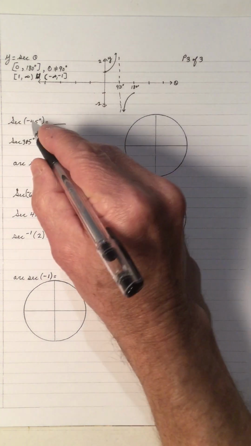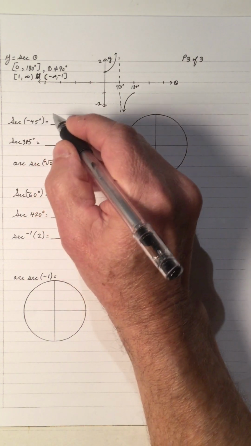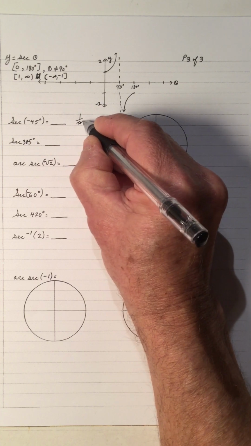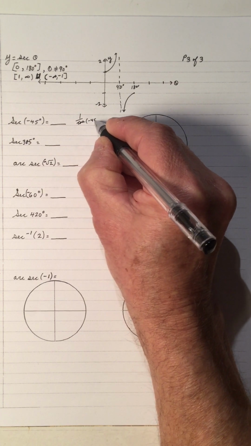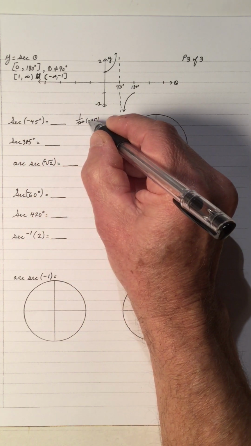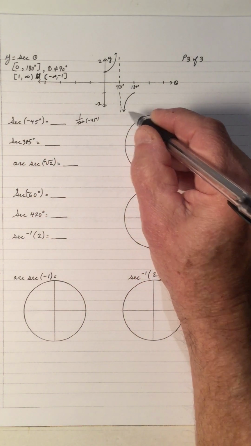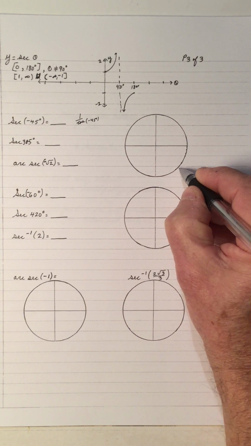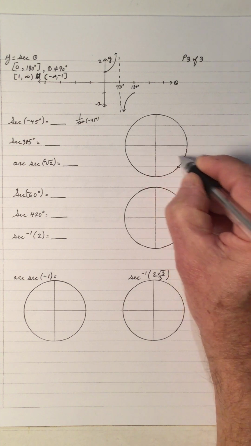What about the secant of negative 45? Well, the secant of negative 45 is 1 over the cos of negative 45. So negative 45 is right here.